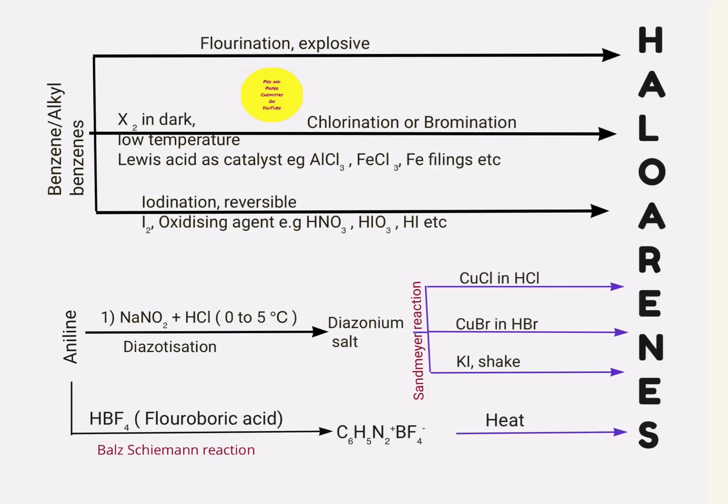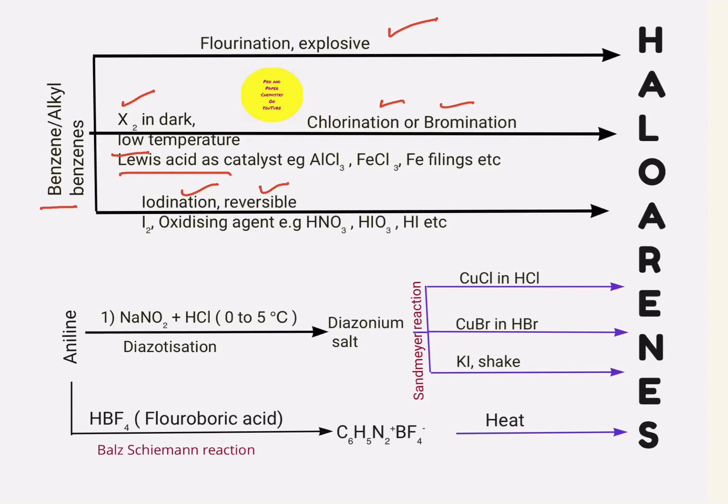How do you read this flow chart? For those who've been following this channel, you just have to copy it, nothing more. But for those who are new to the channel, see over here, I've got benzene or alkyl benzenes. Fluorination is explosive, so we carry out chlorination or bromination by reaction with halogen in dark. The condition is low temperature, Lewis acid as catalyst.